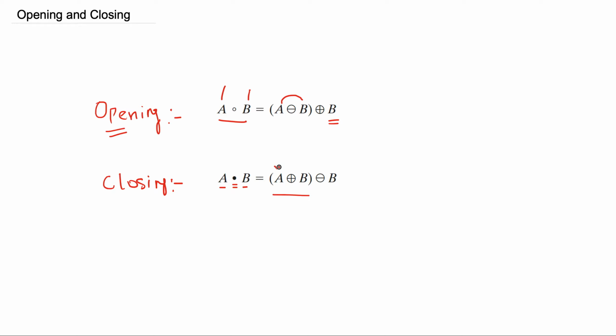You take the image, then you dilate the image using a structuring element B, then you erode the result of this dilation with the same structuring element B. These are the two most widely used operations in image processing when it comes to morphological image transformation. So we will see certain examples on which these operations are applied.